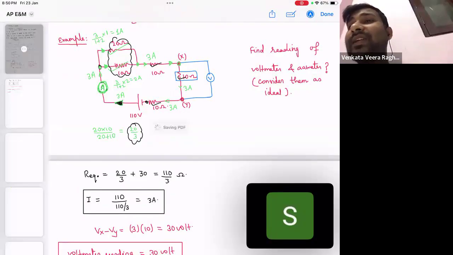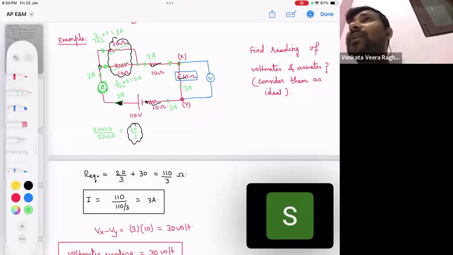But think about the resistance of the voltmeter. Isn't it very high? Very high means what? Compared to the 10 ohm resistor, the voltmeter is going to have negligible current, because again I have to distribute it in what ratio? 10 is to infinity ratio. Current is distributed in the ratio of their resistance.